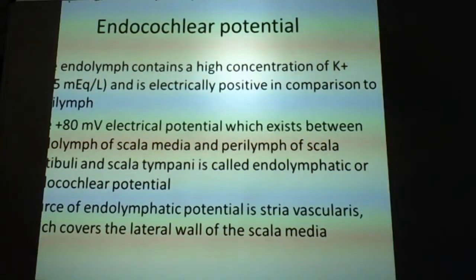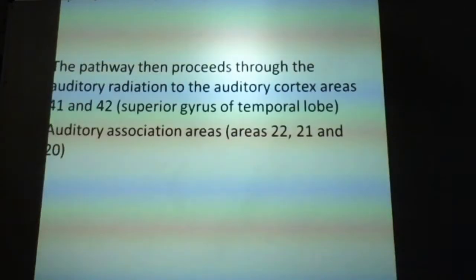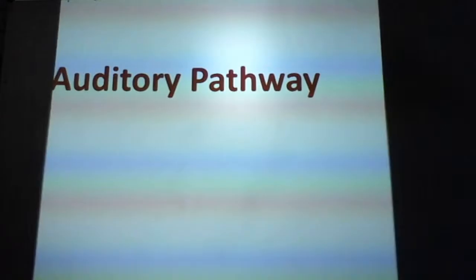Perilymph is the outer fluid, and endolymph is the fluid present inside, rich in potassium. The plus 80 millivolt electrical potential that exists between the endolymph of the scala media and the perilymph of the scala vestibuli and scala tympani is called the endolymphatic or endocochlear potential. I will show you the diagram here.